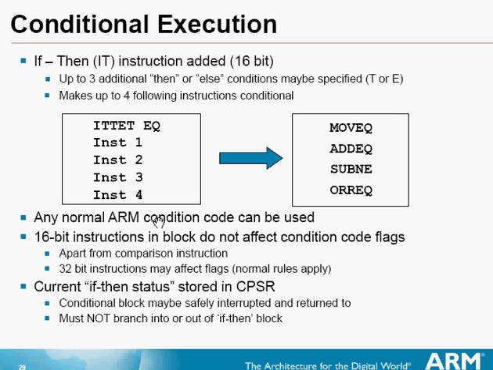You should not branch into or out of the block unless it is the last instruction of the block. Again, the instruction would have no knowledge of the IT condition, since PSR is not pushed and popped upon branches.